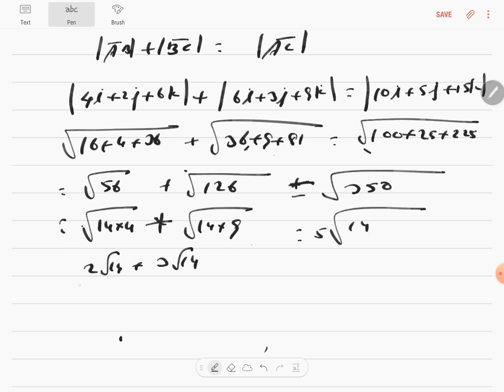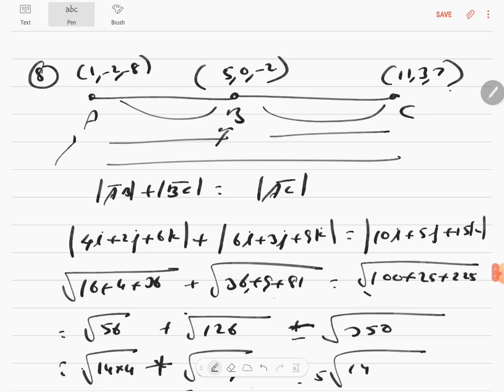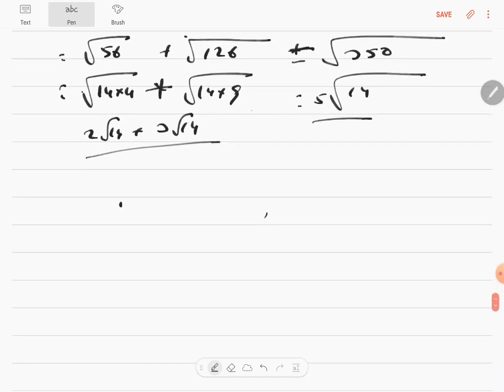The fact that they add up shows that they are collinear. That's the way you have to do the 8th sum.